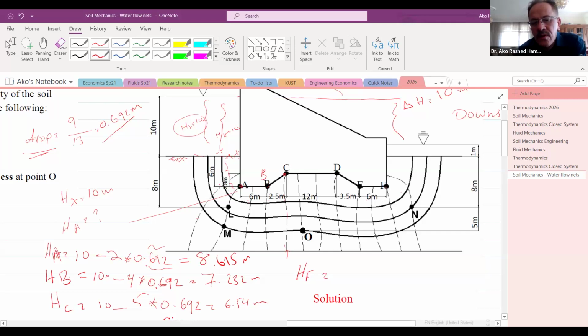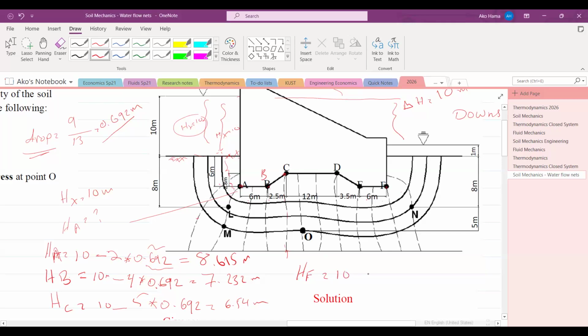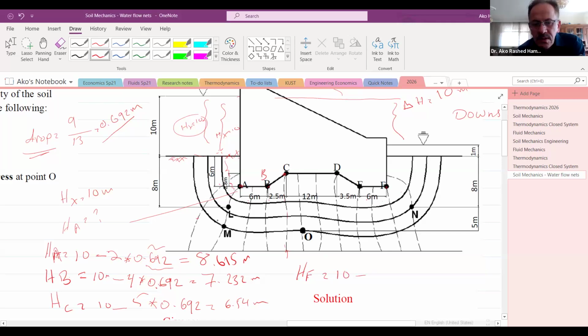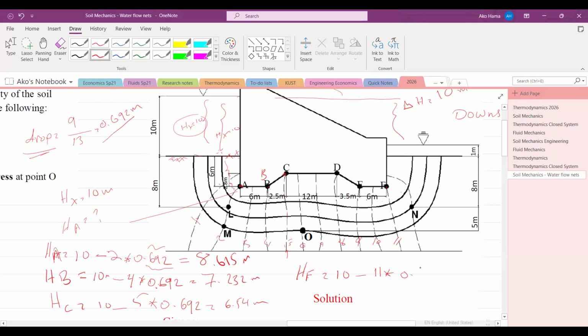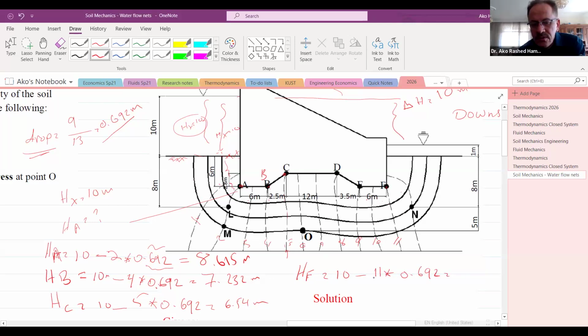F. So it is 10 minus 11 drops of 0.6. So what will be the HF? It is 2.388.